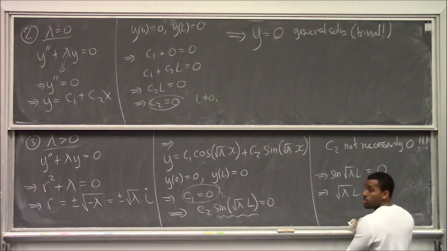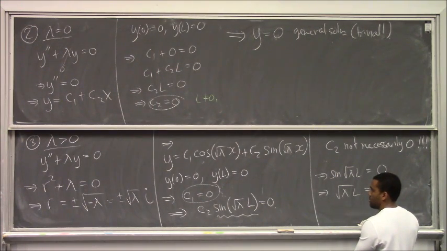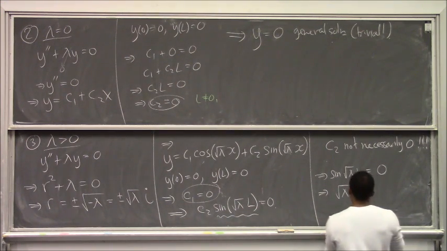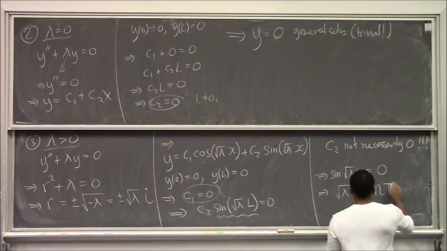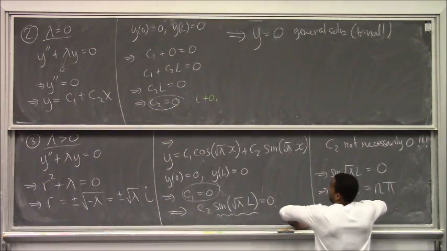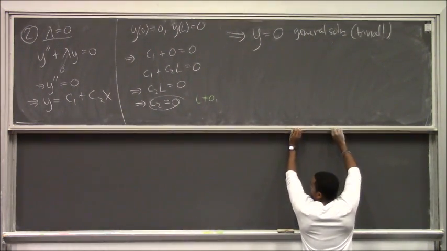It's a multiple of pi: 0, pi, 2 pi. So what's a nice way to write that down? N pi, where n is any integer.